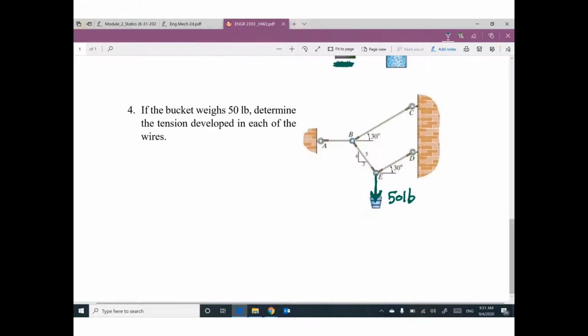So what do we have for joint E? Here is joint E. We have vertical weight, 50 pounds. We have this force, which is called FED, and this force, which is called FEB. This one is given with an angle. This one was given with a right angle triangle.